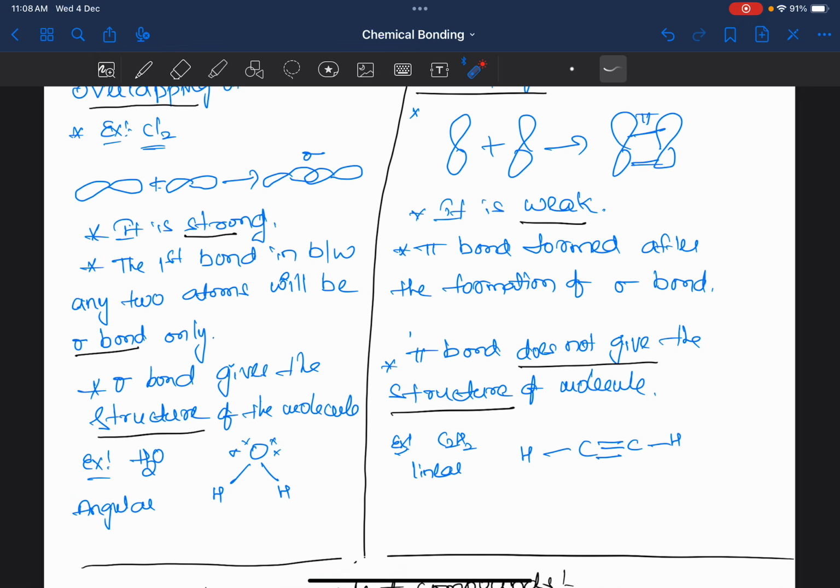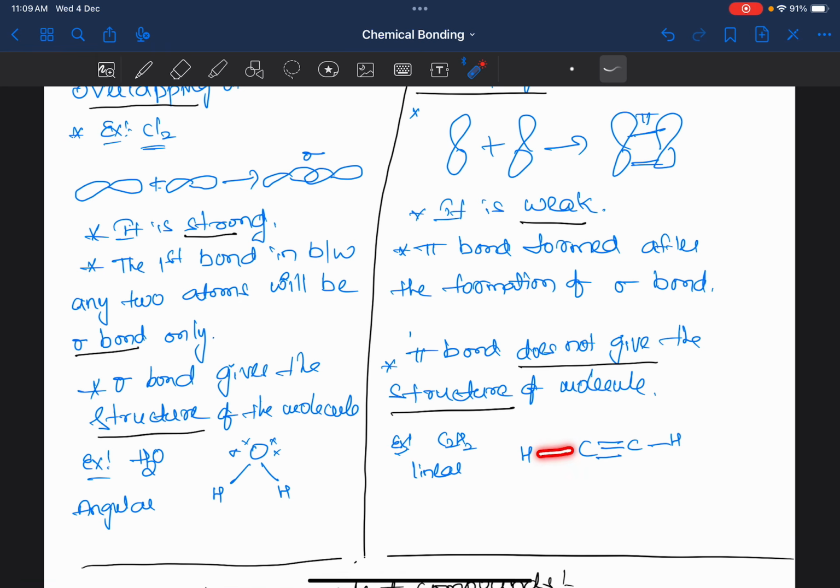And next, pi bond does not give the structure of the molecule. For example, now I took the acetylene molecule C2H2. Its structure is linear. How do we say the structure is linear? First, arrange the atoms in this way: two carbon atoms are arranged at the center and on either side hydrogen atoms are present.